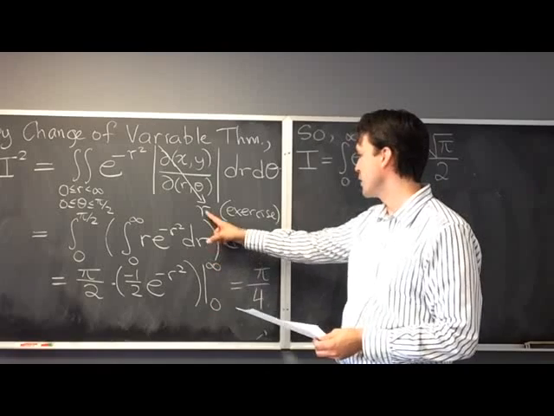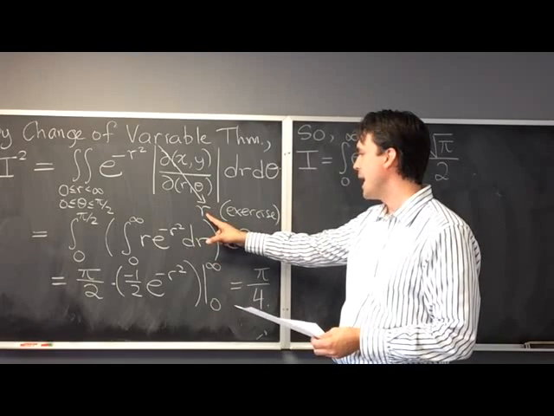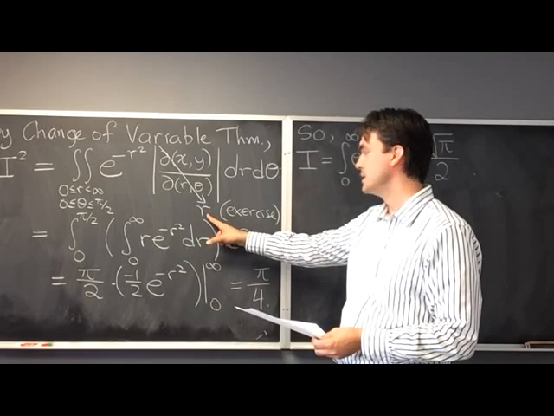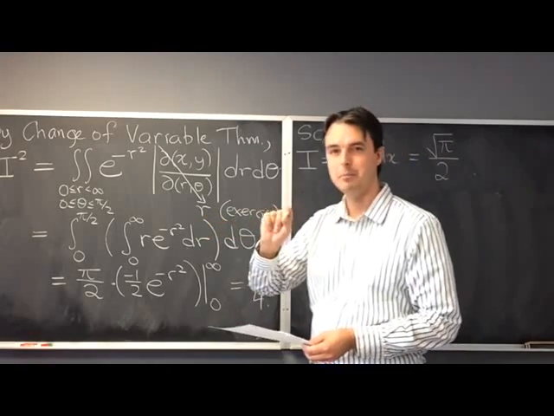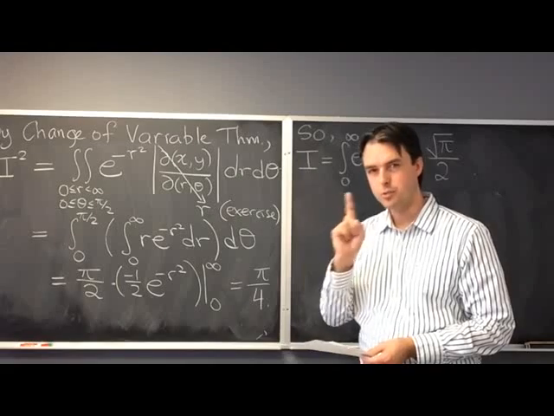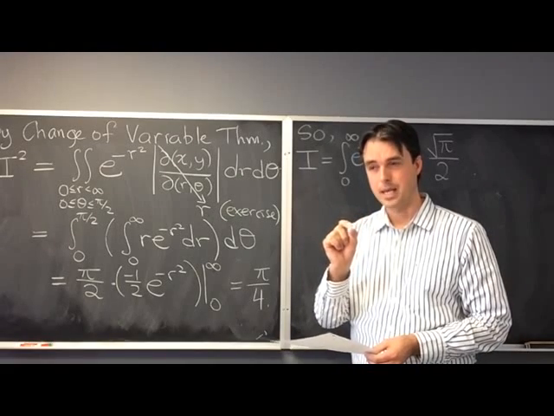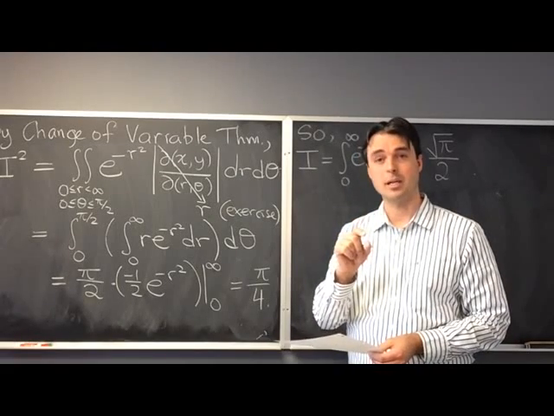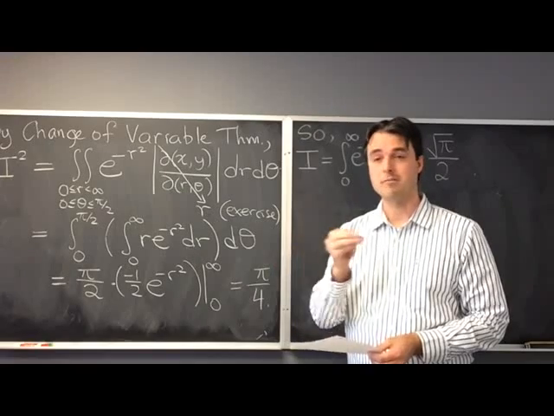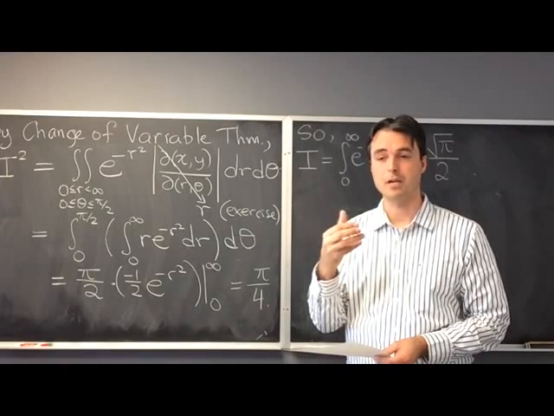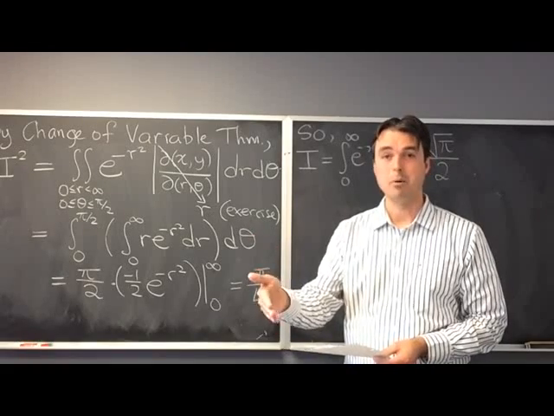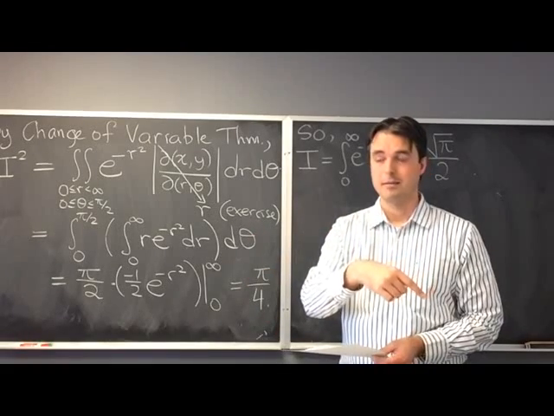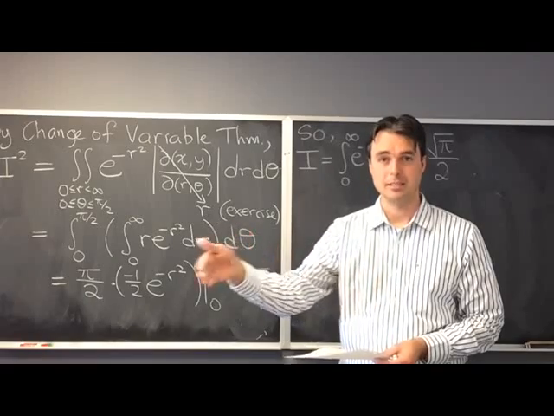And in this case, my Jacobian was r, and so that equals 0 at the origin, which is the corner of our first quadrant in the xy plane. So there's one point for which there's a problem, and we already know with polar coordinates that it's not invertible at the origin, right? For r equals 0, any value of theta will give you the same point in the xy plane, 0 cos theta, comma, 0 sine theta.